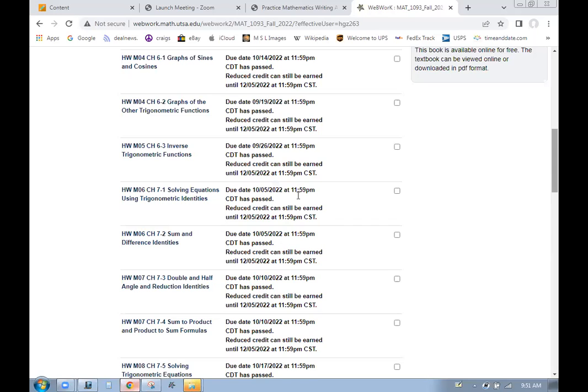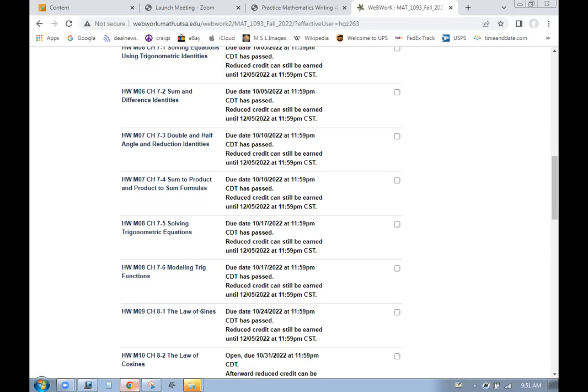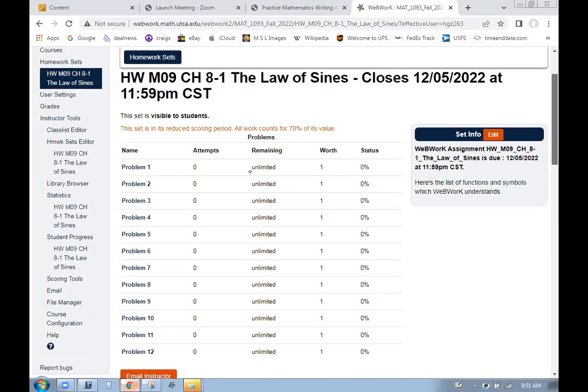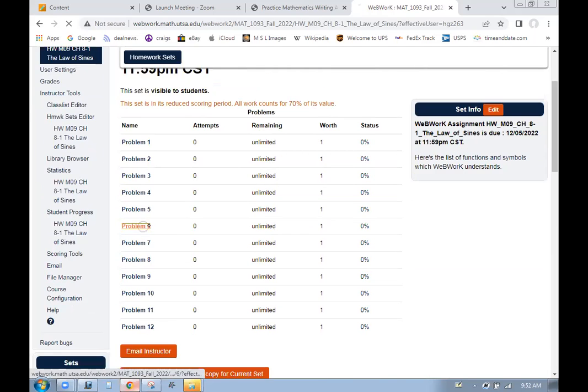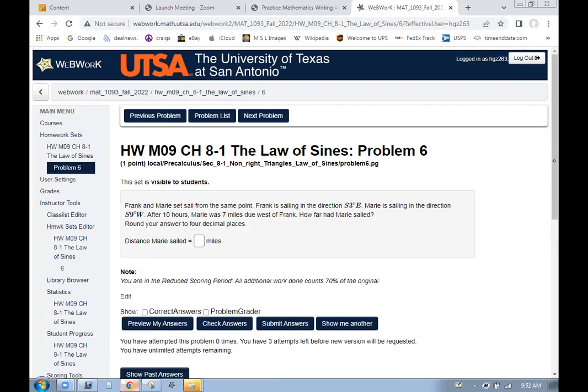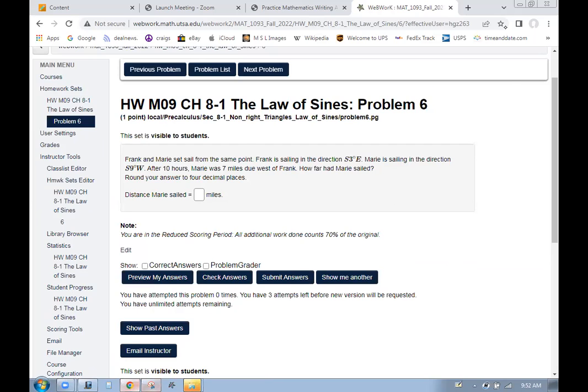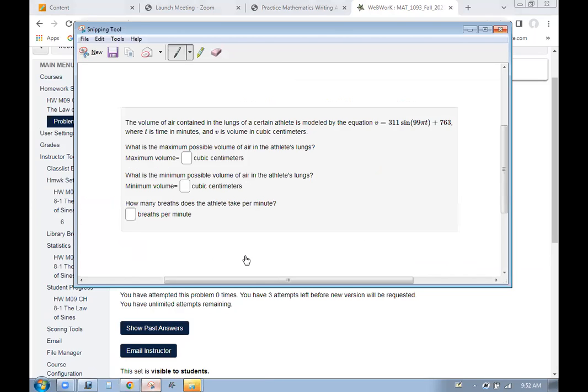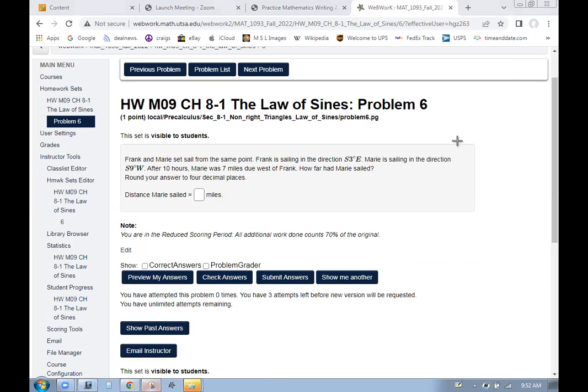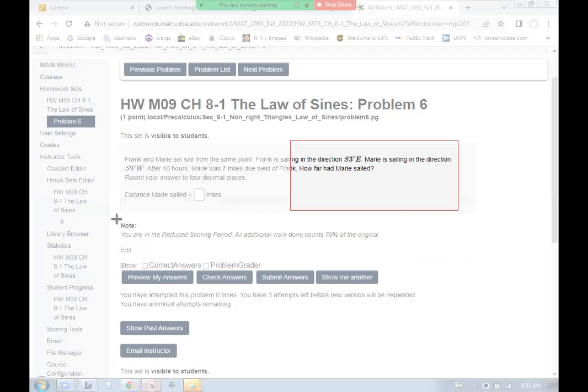Law of sines. Let's see, number 6. And we're out of time, so y'all welcome to go. But I'll finish this one up for y'all, for those of y'all who want to hang around. And if you have another class, I don't want you missing.